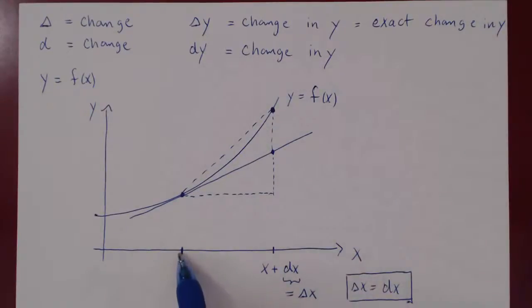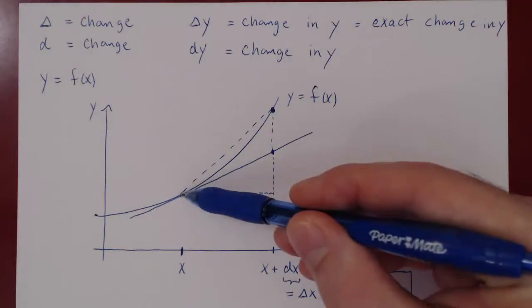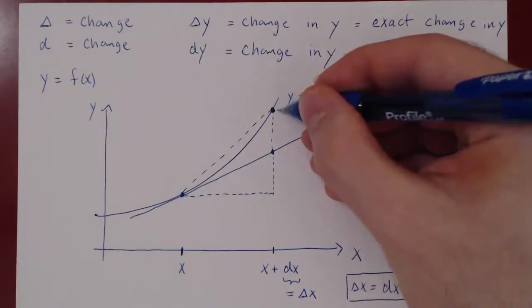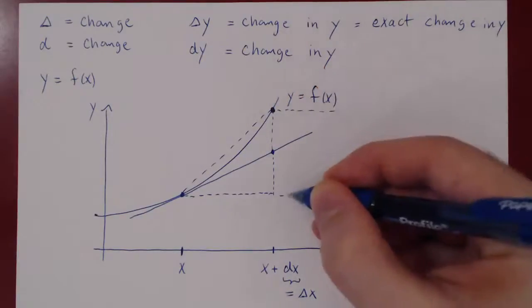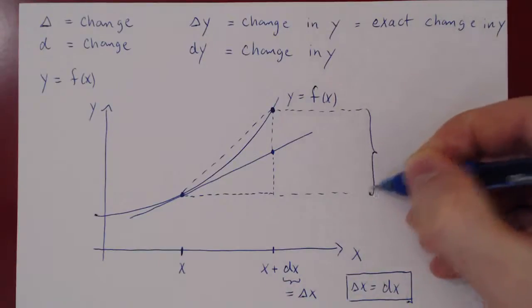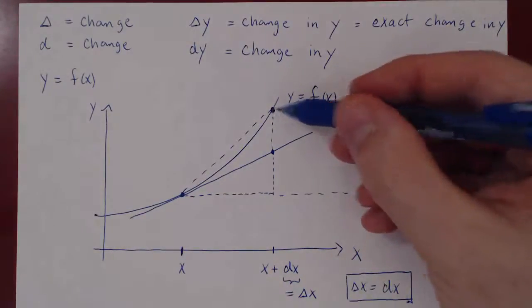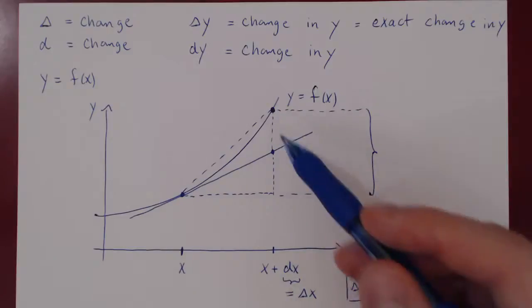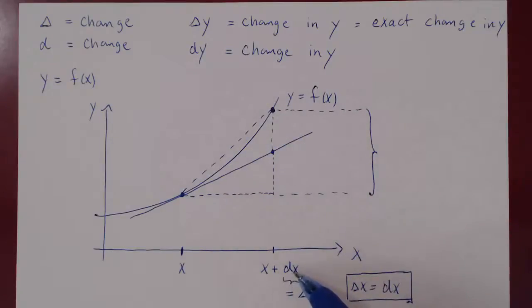We've changed x from here to here, and y has changed from this value all the way up to this value. So this right here is the change in the function, the exact change, right? We went from the value of y at x on the function to the value of y on the function when x was changed to x plus dx, or x plus delta x.